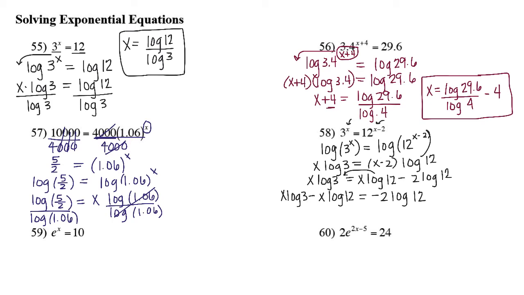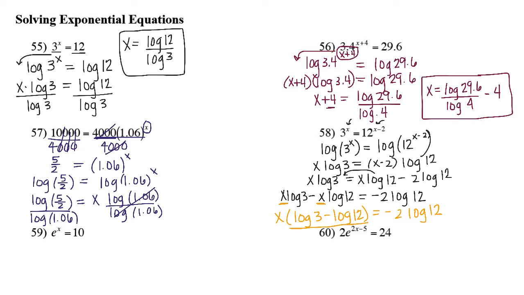And now I'm going to change colors here to help us see. We do have a GCF here, and that's why we put our x's together. We're going to factor out that x. So I have x times log 3 minus log 12 equals negative 2 log 12. And now we have our x over here, so we're going to divide both sides by everything inside the parentheses there.